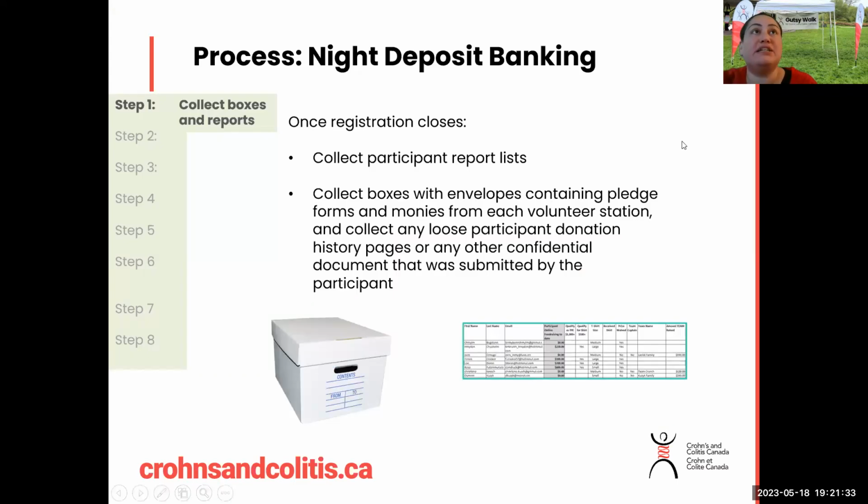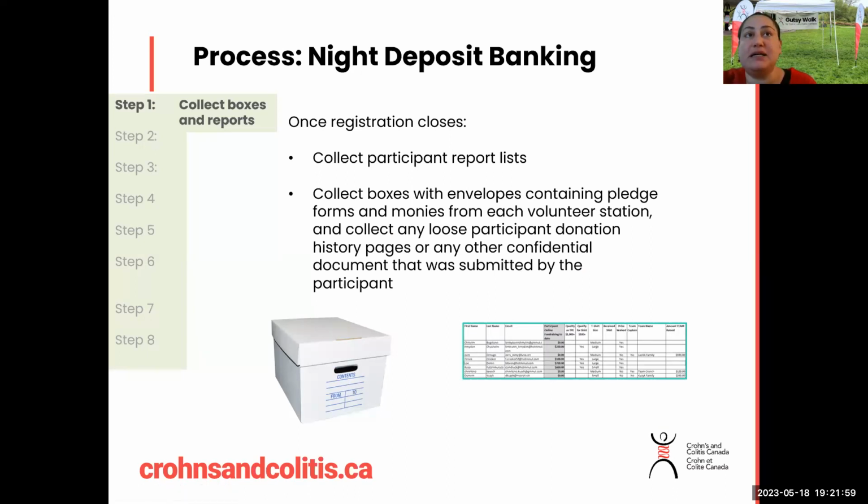So once the registration closes, you can collect the participant report lists. These are the lists where you can see the online donations, like Amara just talked about. You can collect all these participant report lists from the registration volunteers. Then you also collect the banker boxes, which contain the envelopes with the pledge forms and the money submitted from people.